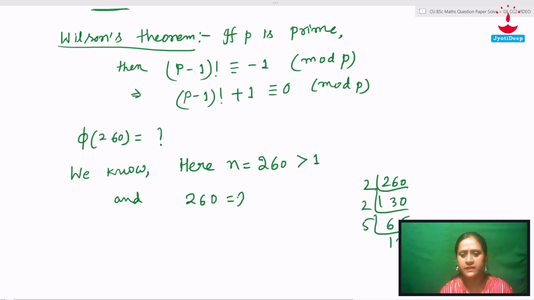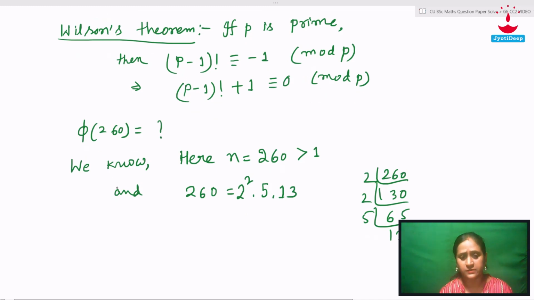So we can write it as 2 square into 5 into 30. Now what we can do?